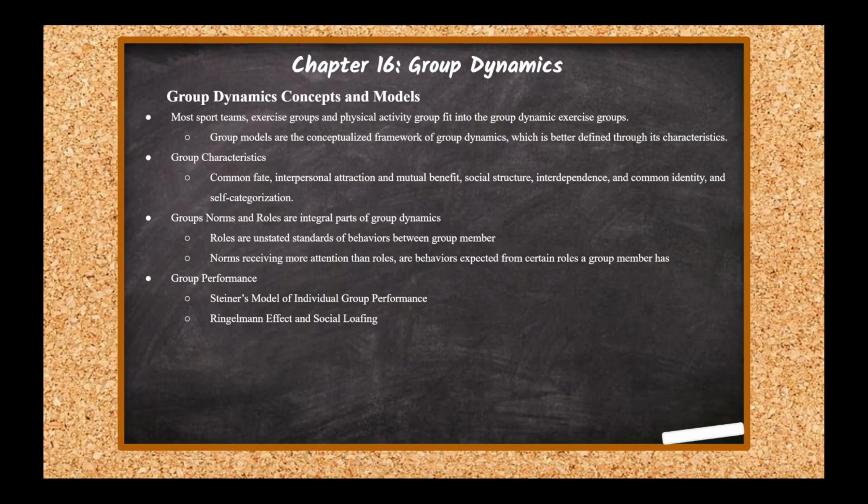Also proves that a team can never fully perform at 100% due to various factors, such as I mentioned. And the Ringelmann effect, the tendency for individual members of a group to become increasingly less productive as the size of their group increases, which leads to social loafing and other social incentives for their groups.